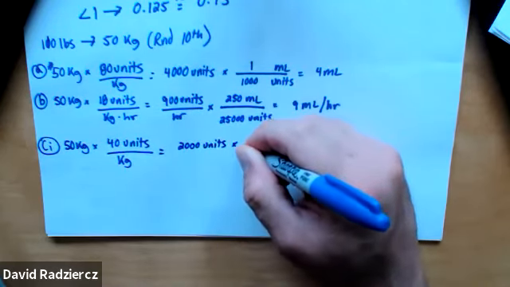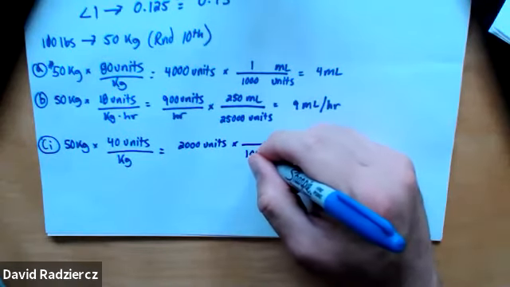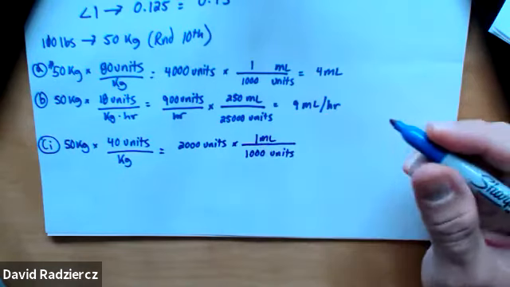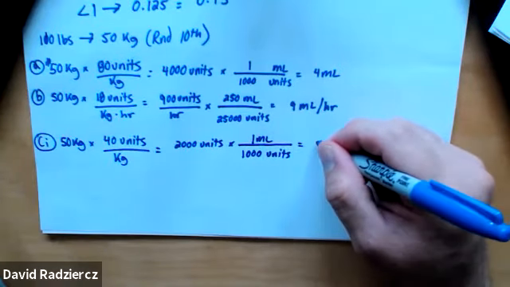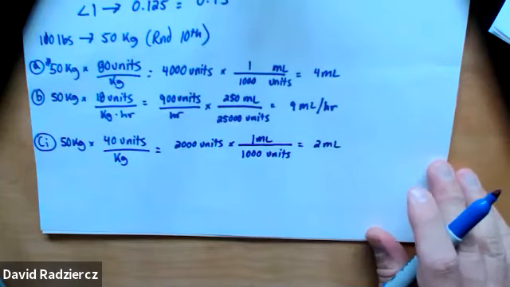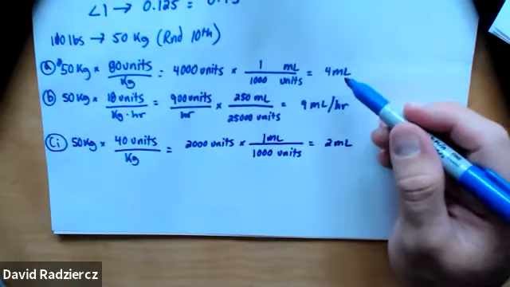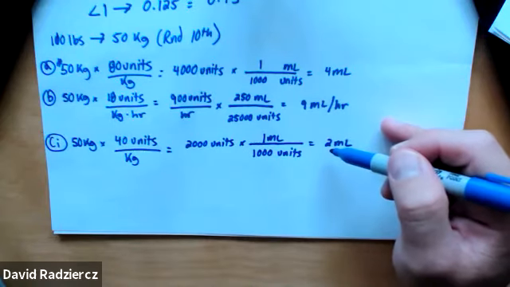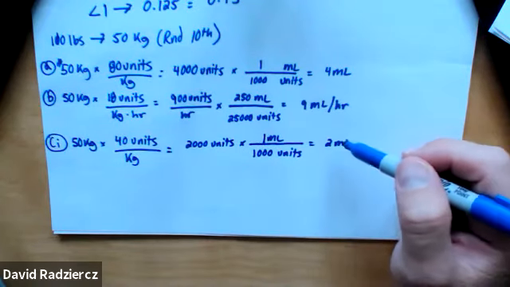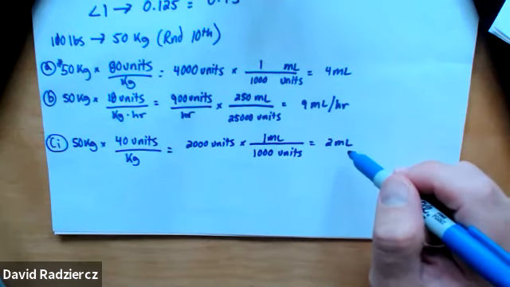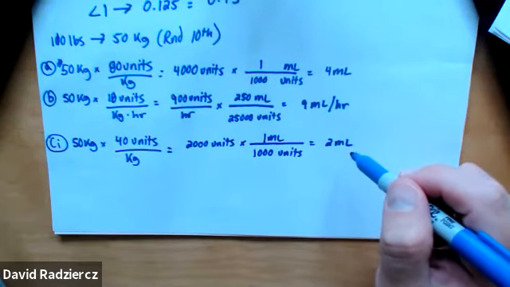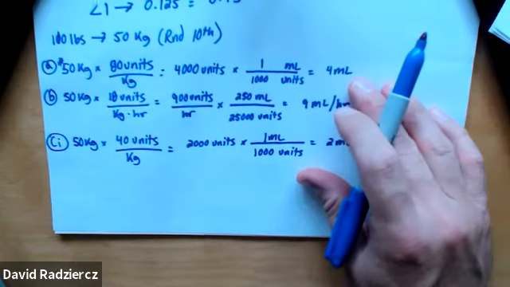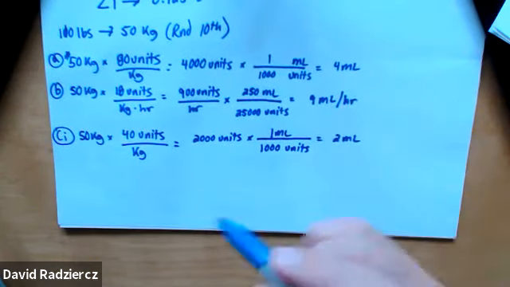And we convert that using the same bolus dosage strength, 1,000 units per milliliter, and I get 2 milliliters for the bolus dose. If you just automatically did, well, 40 is half of 80, 4 and then 2, then you did that right. But sometimes A, they might want you to show your work, and B, you don't want to follow that same methodology when you're doing flow rate, okay? Because that just changes how you answer that question.